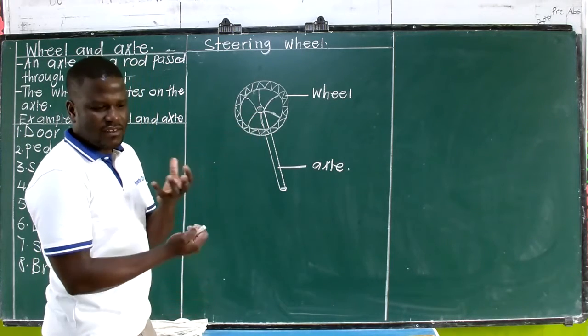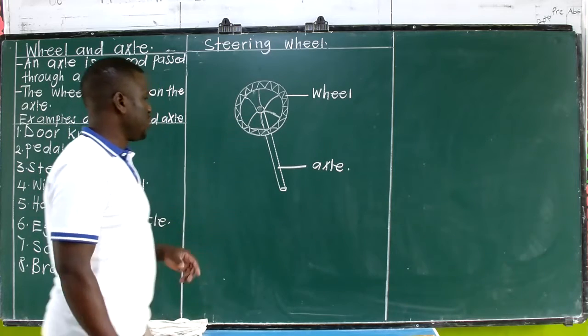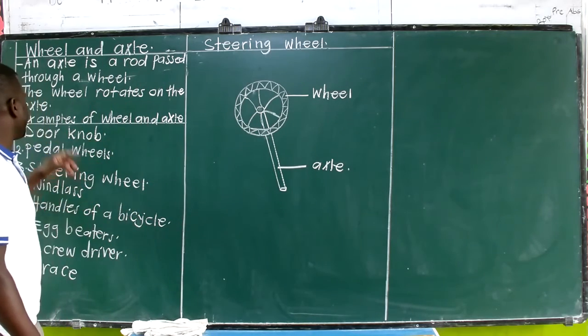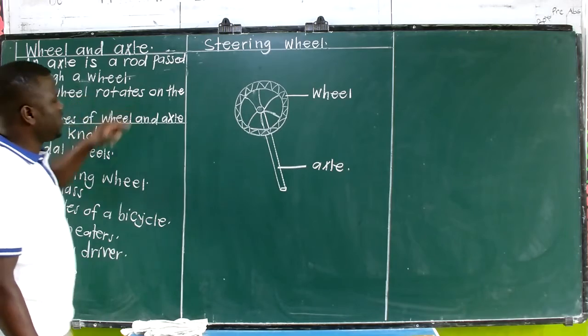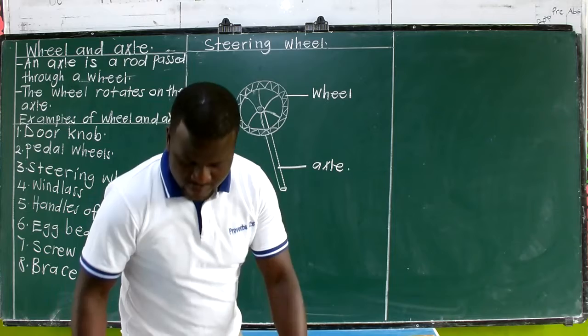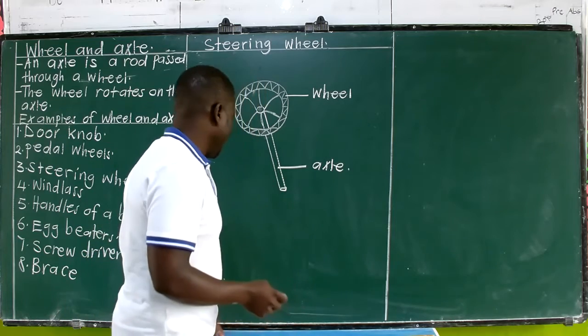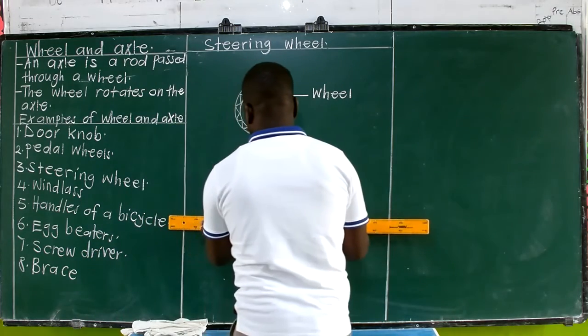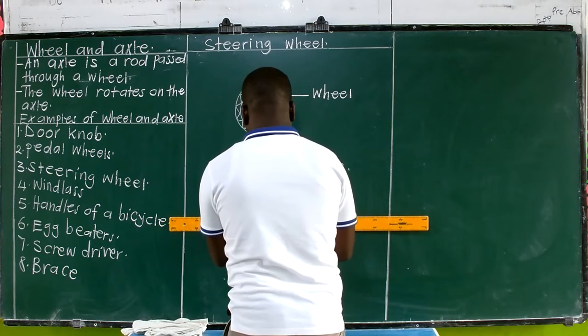So an axle is attached to the wheel. Then the wheel rotates on the axle. So that's one example.